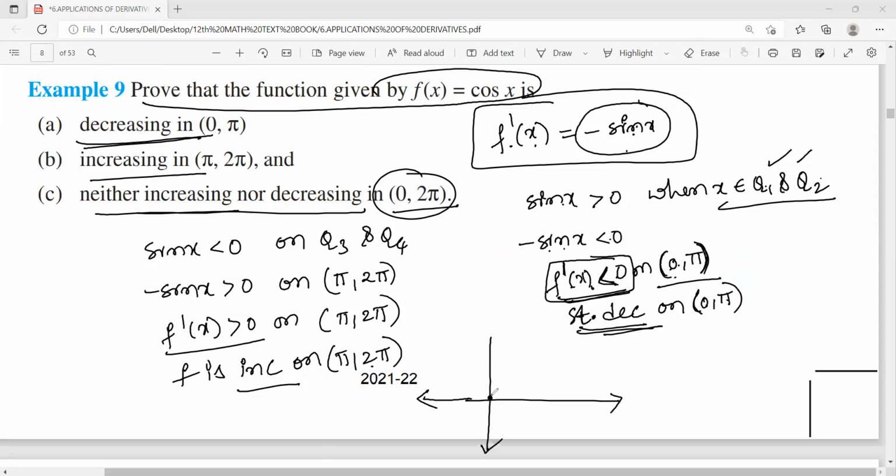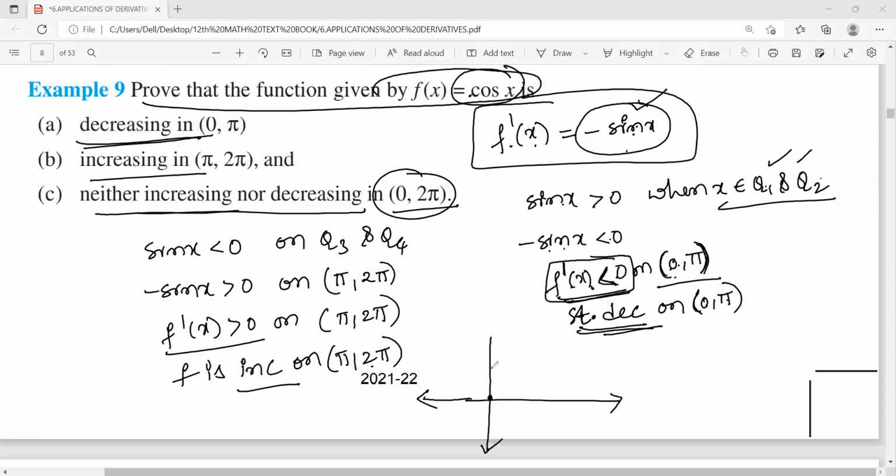Okay, I am drawing the graph for your understanding. 0 to pi you want, right? So we are talking about what? Cos x. You are seeing the sin x graph, but the function is cos x.